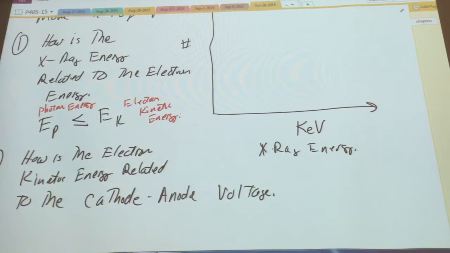And the second point is, how is the electron kinetic energy related to the cathode anode voltage? Stronger the differential, the faster the speed. No, this one is actually easier than that.